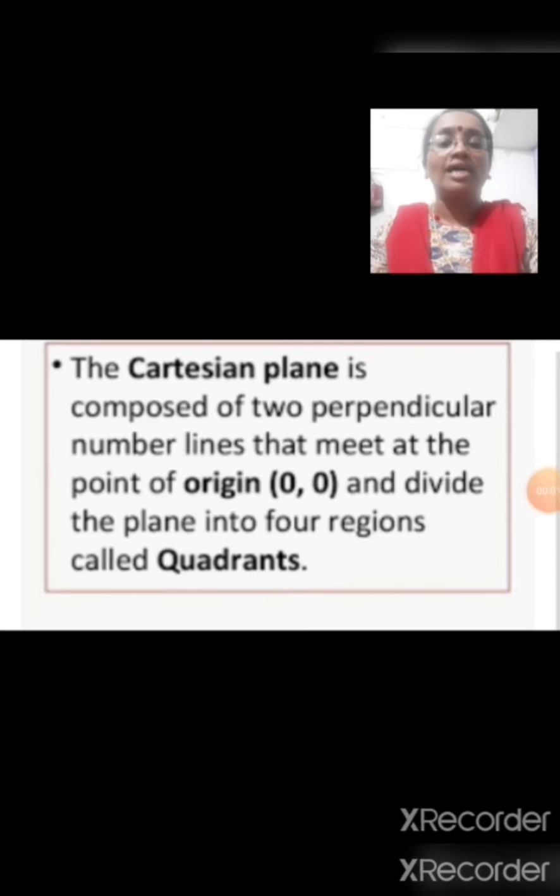What is Cartesian plane or coordinate plane or xy plane? Cartesian plane is composed of two perpendicular number lines that meet at the point of origin 0, 0 and divide the plane into four regions called quadrants.